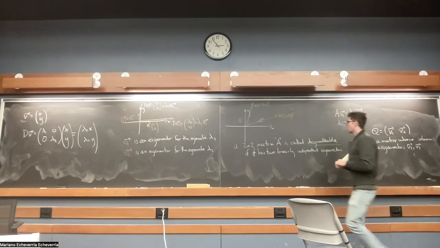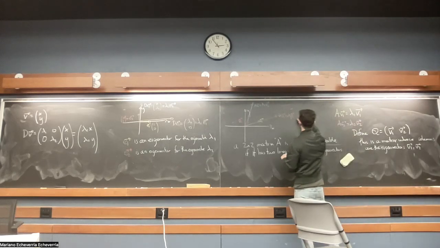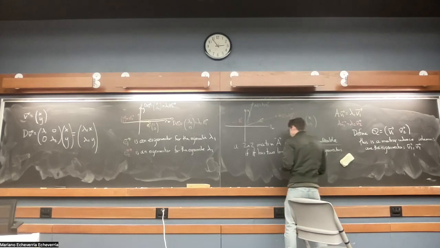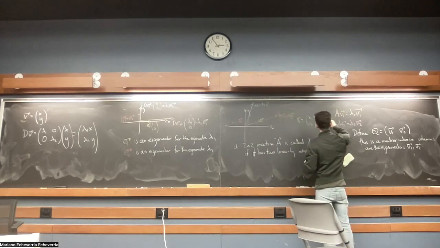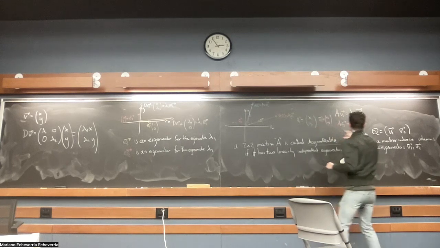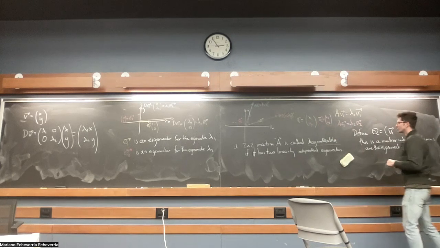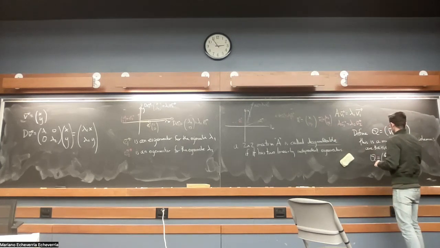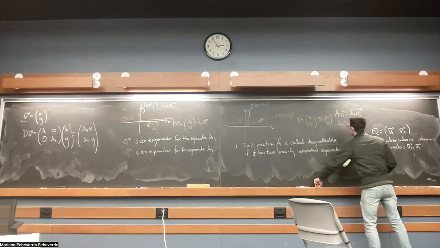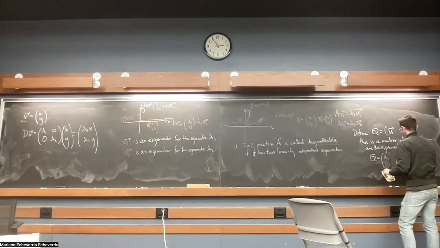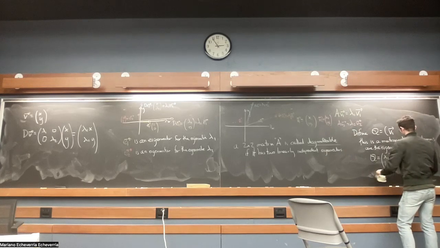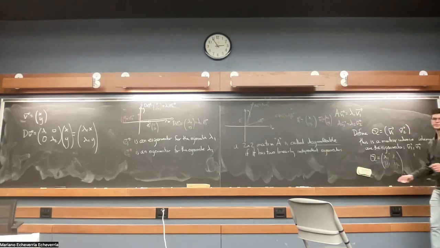So for example, if v1 happens to have entries x1, y1, and v2 had entries x2, y2, then what would be this matrix that I'm calling Q? Let me use the same colors. Q would just be x1, y1, and x2, y2. So the first column is the first eigenvector.